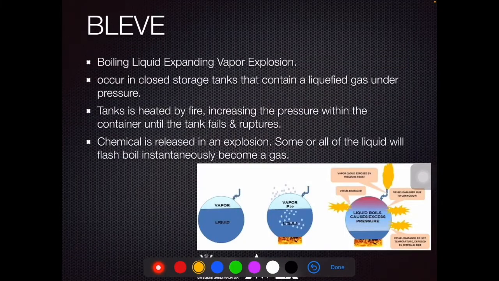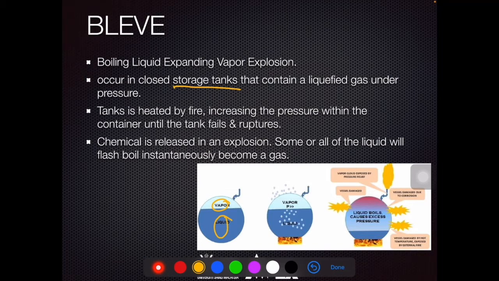BLEVE, boiling liquid expanding vapor explosion, occurs in closed storage tanks that contain liquefied gas. So, there are two phases in here, which are vapor and liquid.